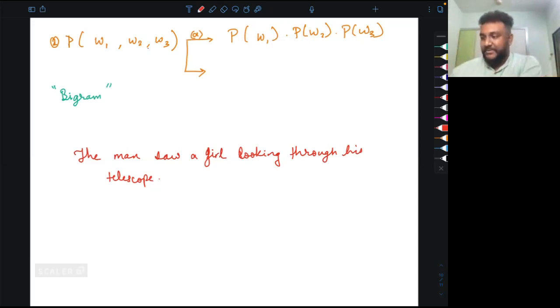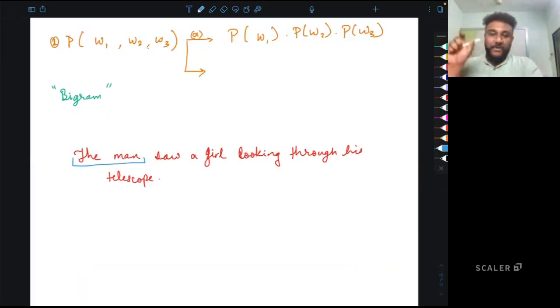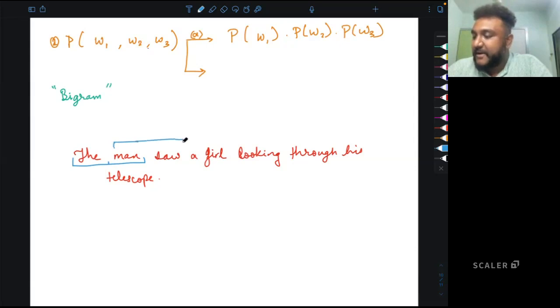He's seeing the girl looking through that. What we can do here is try to capture the relationship between 2 consecutive words. We can set a window over here. If I want to take 2 words at a time, we can set a window like this. So "the man" is one possible pair. Then we have "man saw" as another possible pair.